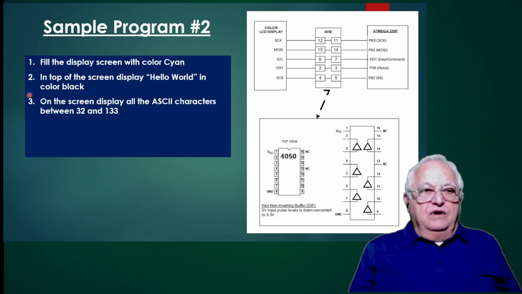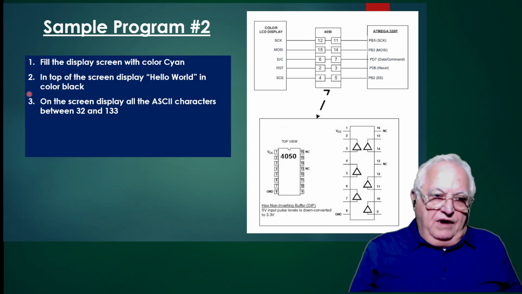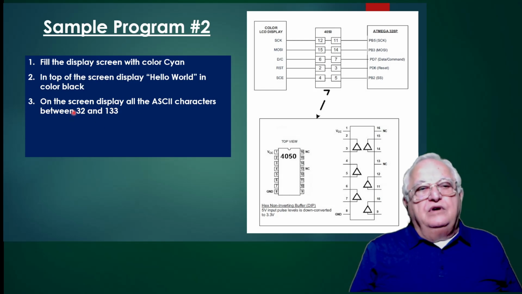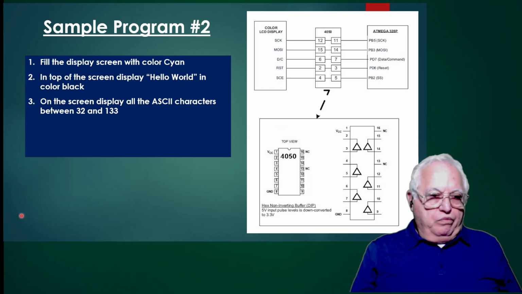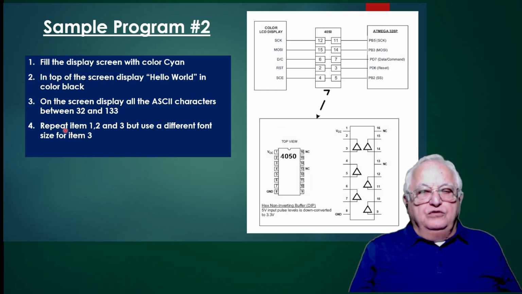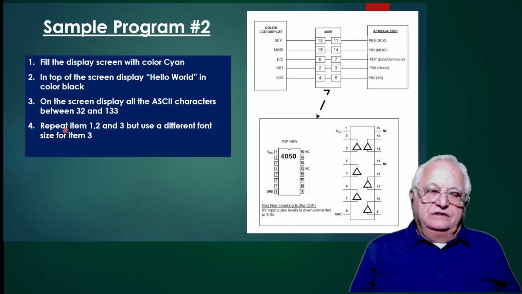Next, we're going to write all the ASCII characters between 32 and 133. Number 4, we're going to repeat what we did in 1, 2, and 3, but we're going to use a smaller font.